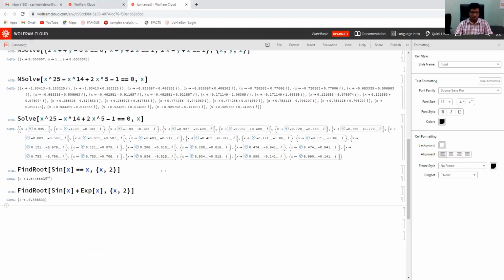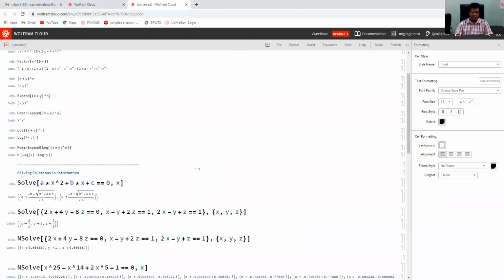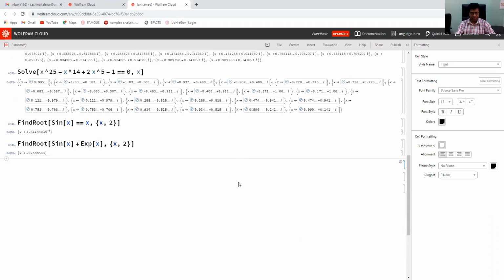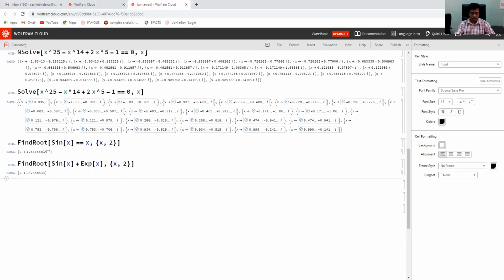This was all about finding solutions of polynomial and transcendental equations. Now let us see list manipulation. We have seen that we can insert a list using braces.